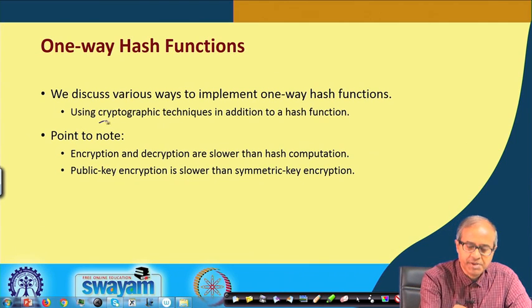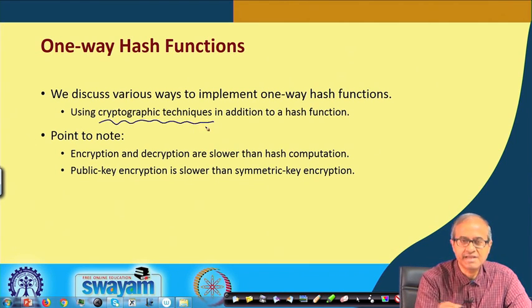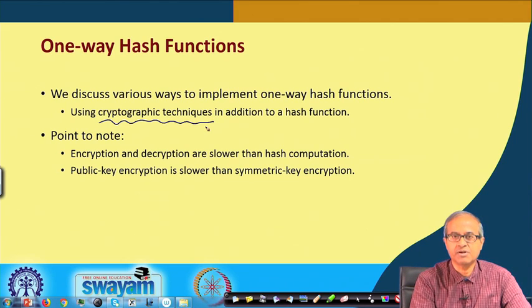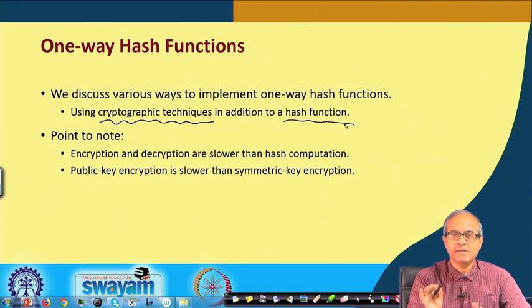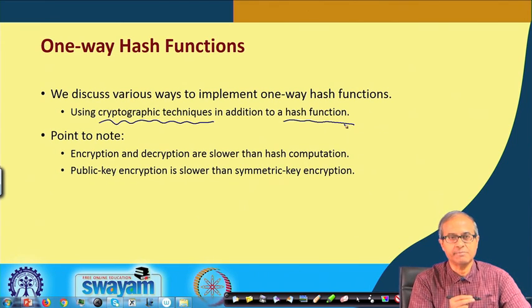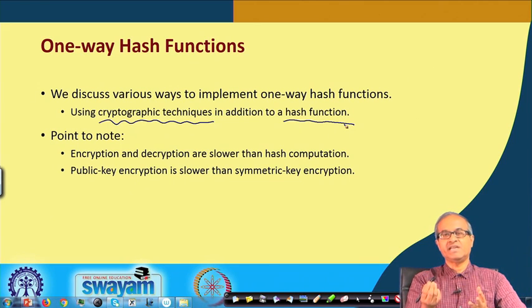So, we would be using some cryptographic techniques like symmetric key or public key encryption in addition to hash functions. But the point to note is that you should clearly understand why we are looking at so many varieties and alternatives, because the bottom line is that we need a hash function which will be efficient to compute both in software and possibly also in hardware, if you think of a hardware implementation.